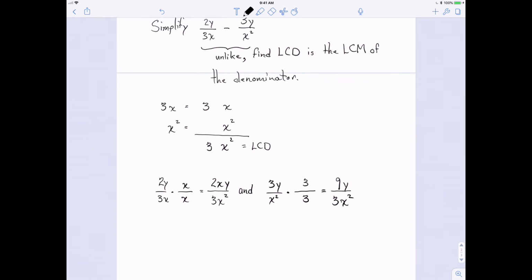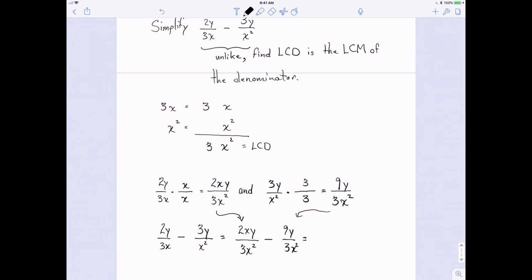Okay, now we can take the problem from the top. 2y over 3x minus 3y over x squared equals, now we use the new forms of these. It's the same value, just a new form. 2xy over 3x squared minus the 3y became 9y over 3x squared, so minus 9y over 3x squared.